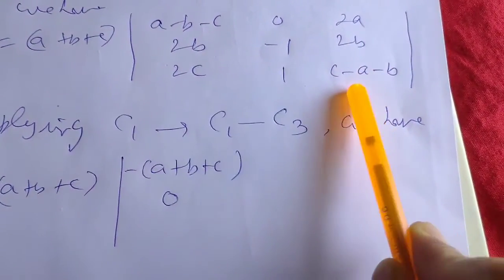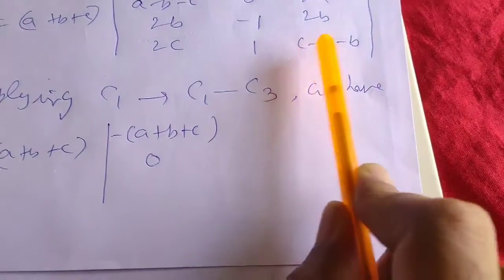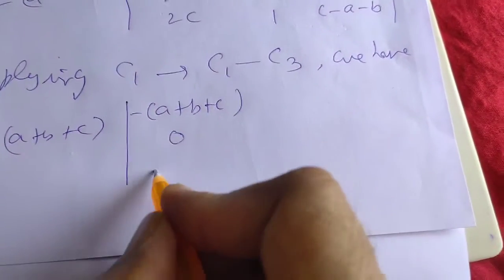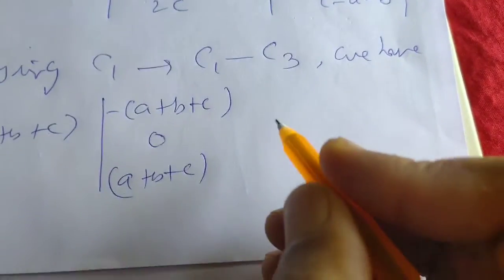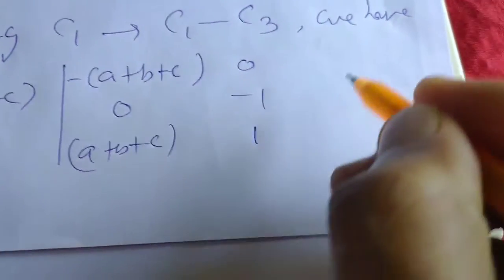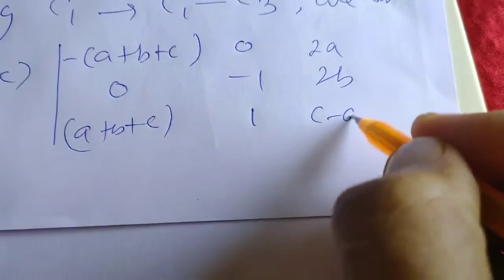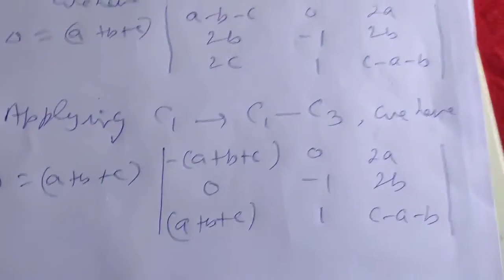So 2c minus c will become c, and because the outside sign is minus, this will become plus a plus b. So we'll be getting here a plus b plus c, and column 2 and column 3 are intact. So 0 minus 1 1, and 2a 2b c minus a minus b. So this is what we have got here.